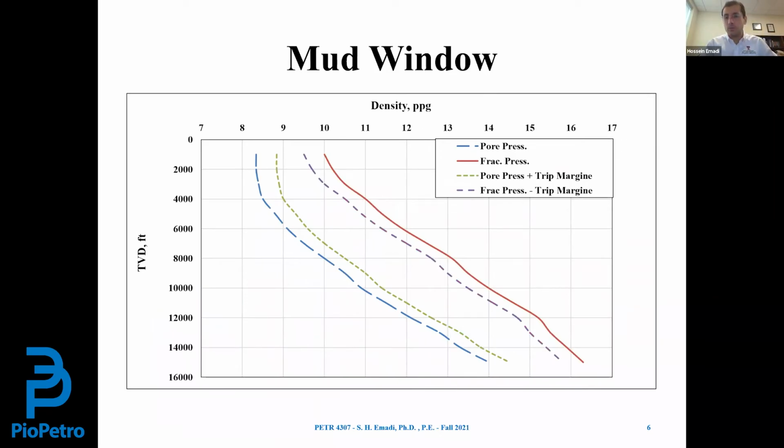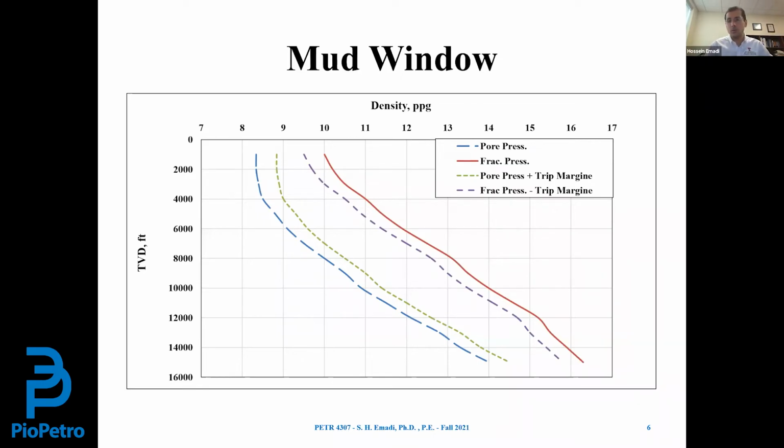Obviously, we don't want to drill right at pore pressure or right at fracture propagation pressure, because if for any reason, let's call it human error, we go below pore pressure or above fracture pressure, then a kick or loss can happen.